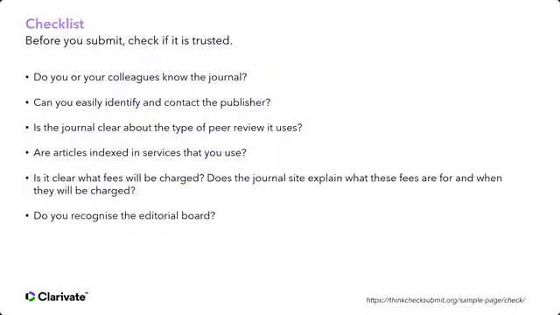Then do you recognize the editorial board members? Again, it's a very straightforward question. You remember that 48,000 plus journals in my first slide? So all these journals are competing for you and your manuscript. So how best to appeal to you to submit your manuscript to them?